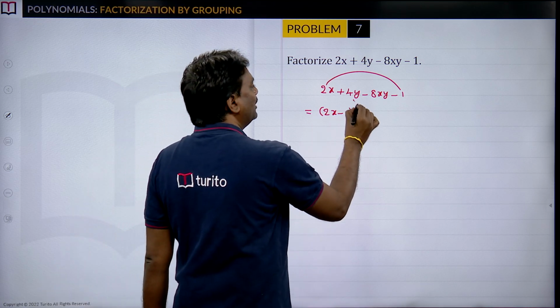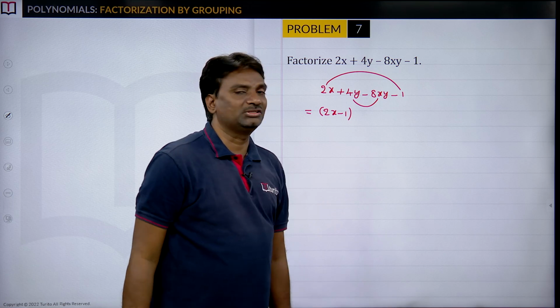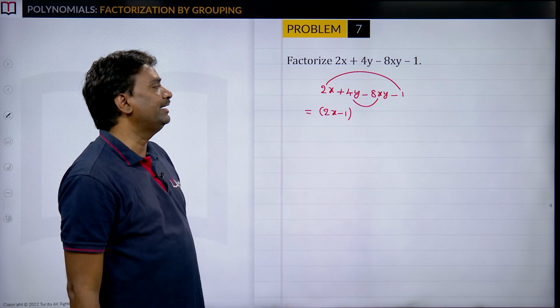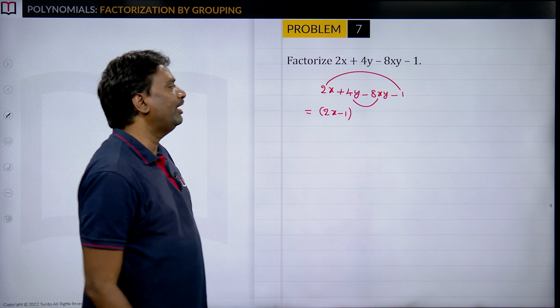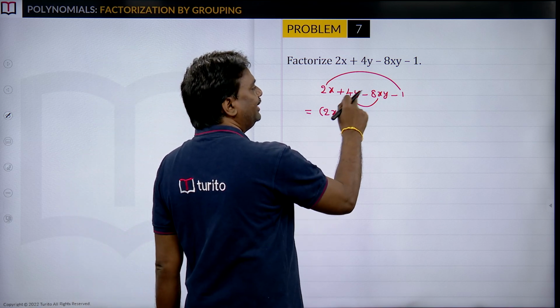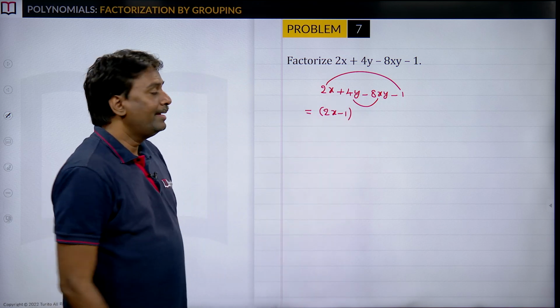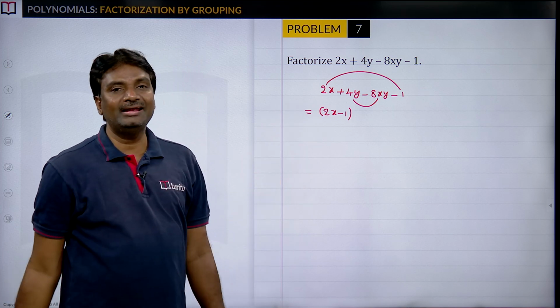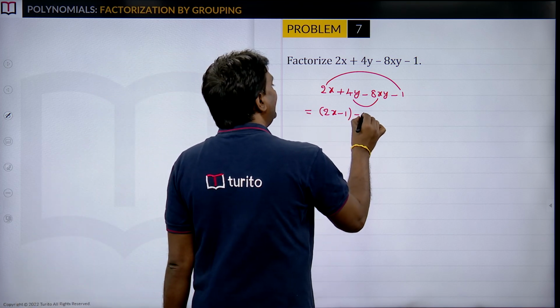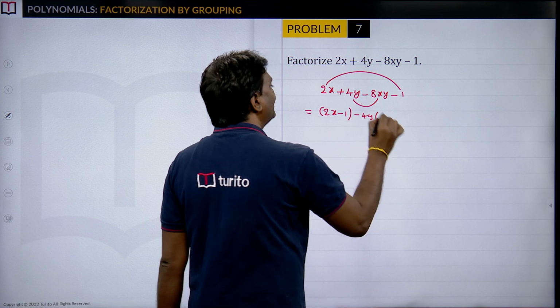From the middle two terms 4y minus 8xy, if you take 4y as common, you will get 1 minus 2x. But here we have 2x minus 1. That is why we can take minus 4y as common.